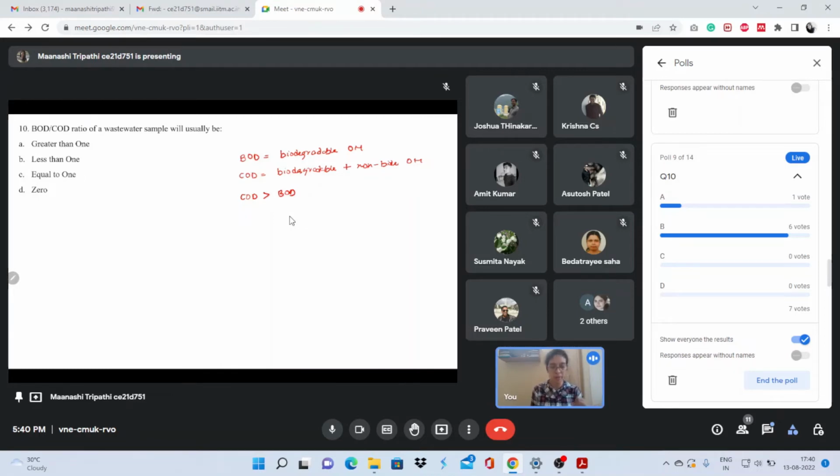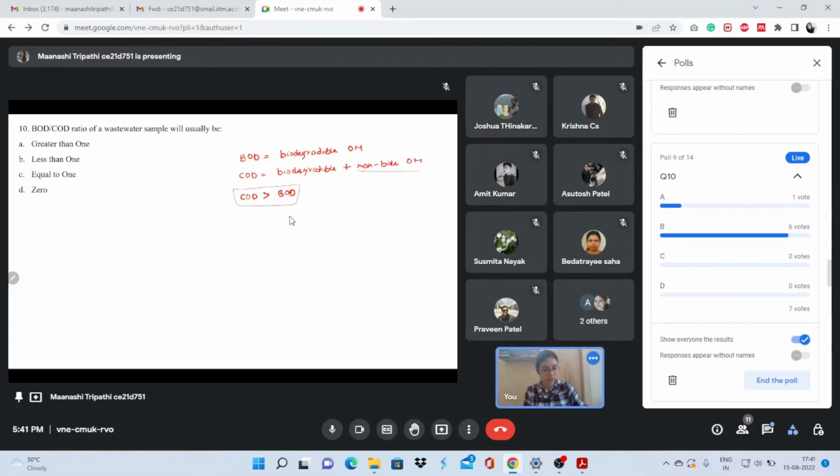But when we talk about COD, apart from carbohydrates and proteins, we have fats as well as some high oxygen demanding material, like sulfides that can be converted to sulfate. Also any chemical, any metal, metalloid may get oxidized when we talk about COD. These come under non-biodegradable organic matter. That is why COD is always greater than BOD.